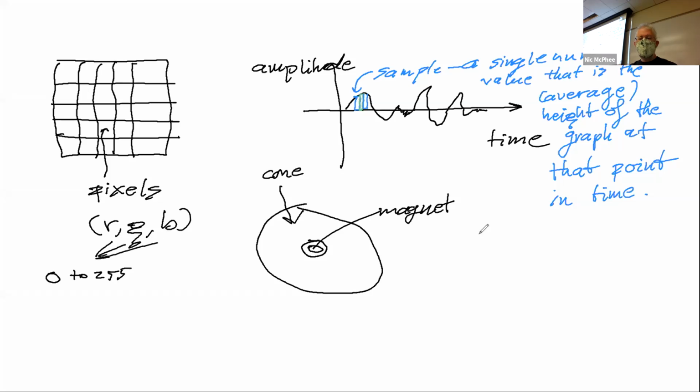What's the range for a sample? This is 8 bits. We used 8 bits per color. So we used 24 bits per pixel.